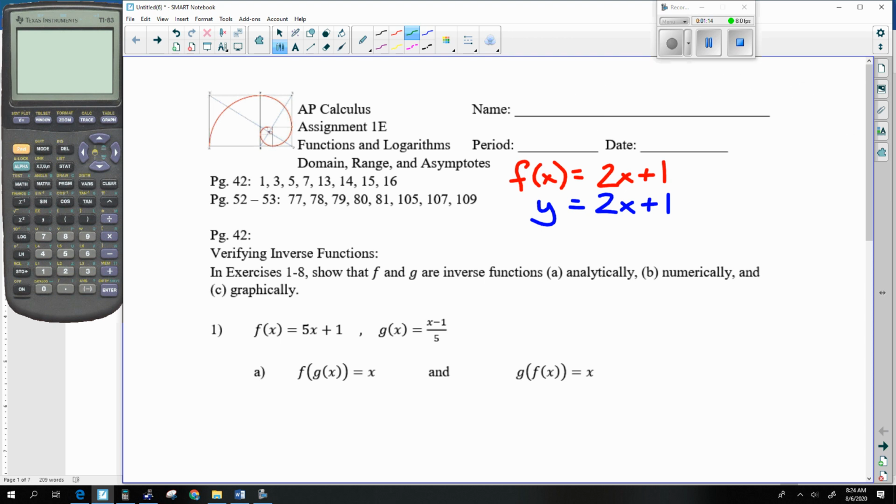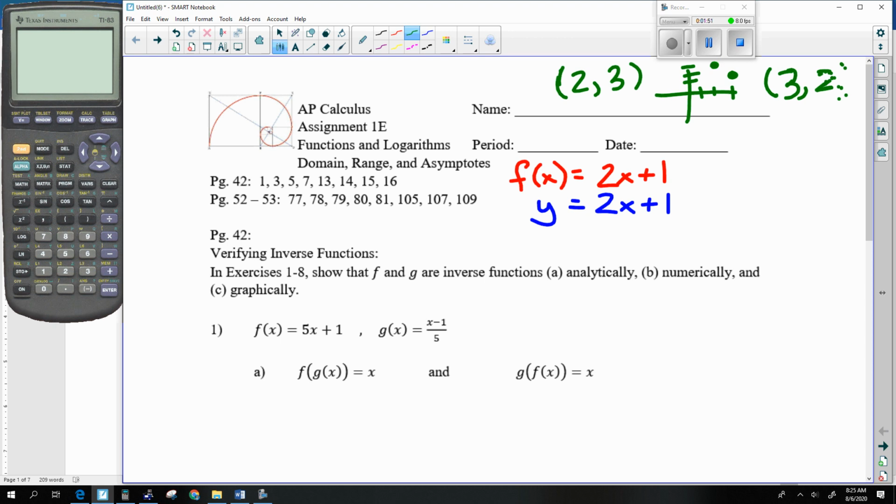Another concrete example: if you have a graph that has a point 2, 3 somewhere on the graph, that implies that the inverse will have the point 3, 2. Sorry, my board doesn't work very well up in this corner. So these 2 points right here are inverses of each other.